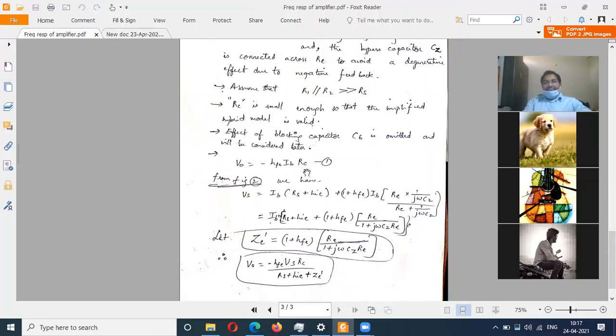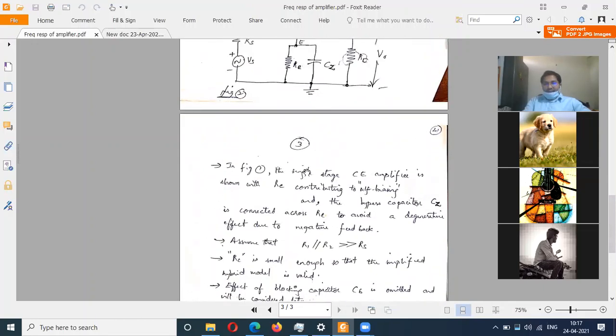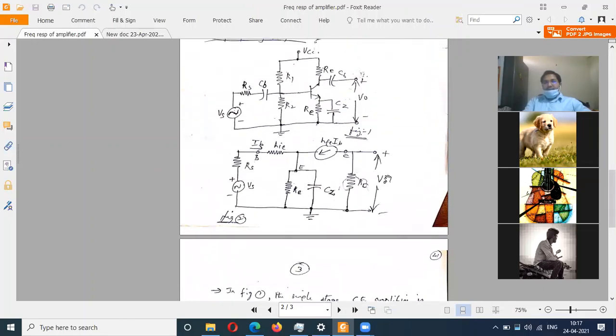Now, let me find out the overall voltage gain, V naught by Vs. Already I have V naught. What will Vs be? Again KVL here. See this as a single component.